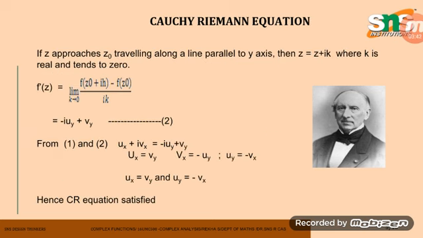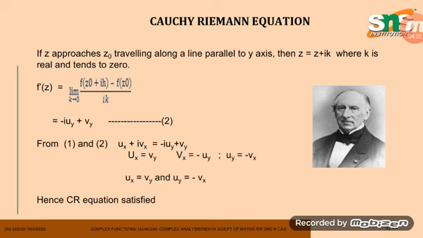Now we consider z approaching z0 along a path parallel to the y-axis. Then z equals z0 plus ik, where k is real and tends to 0. Similarly, the same formula applies: the limit as k tends to 0 of f of z0 plus ik minus f of z0 over ik. Here z0 is x0 plus iy0, and we apply the complex function u plus iv, so f of z0 plus ik can be written as u of x0 comma y0 plus k.